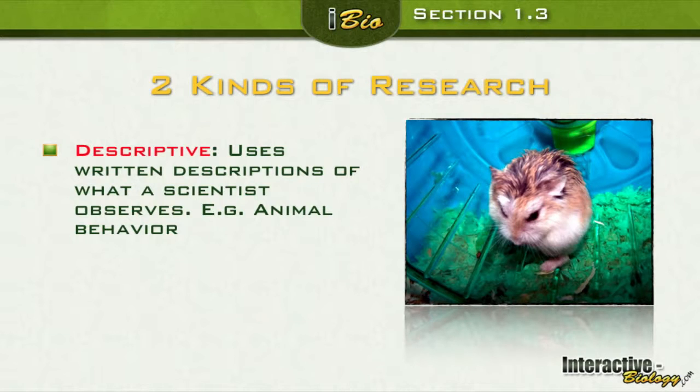Oh, it was extremely boring. So you're just sitting there saying, the hamster is standing still. The hamster is still standing still. The hamster is walking to the wheel. The hamster is running on the wheel.